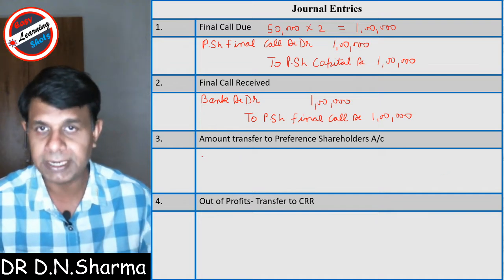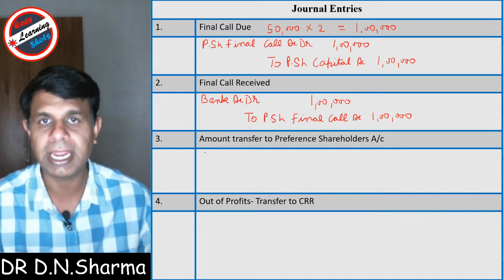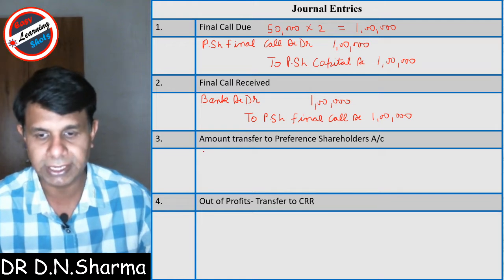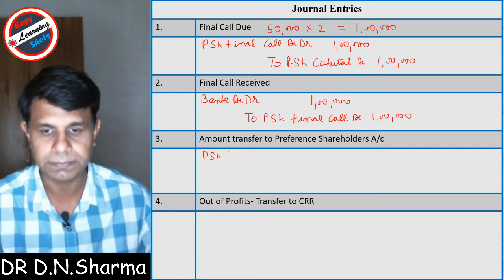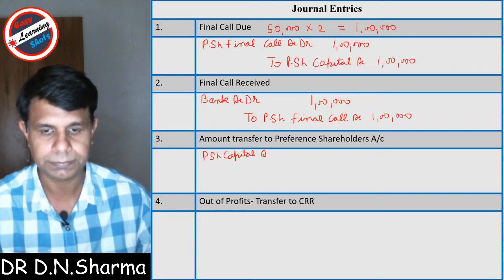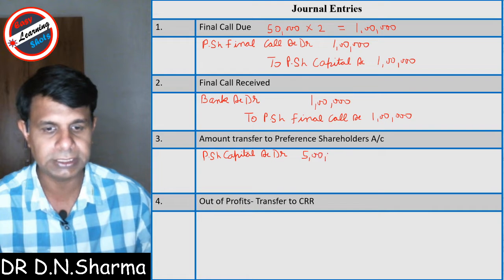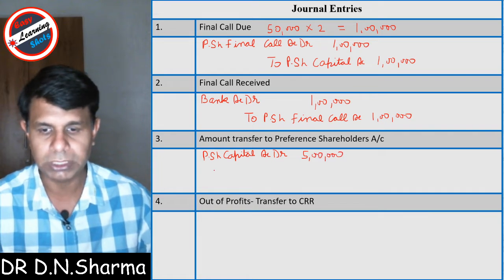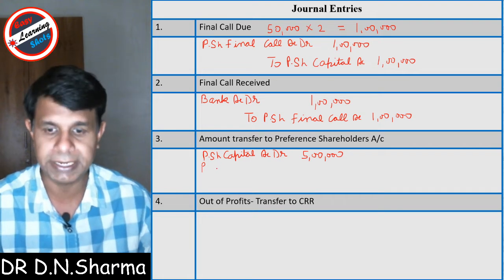Now we debit the liability and the amount is transferred. So our entry is preference share capital account debit. Here the amount is 5 lakh rupees and premium amount is 50,000, and it is loss, that's why it is debited.